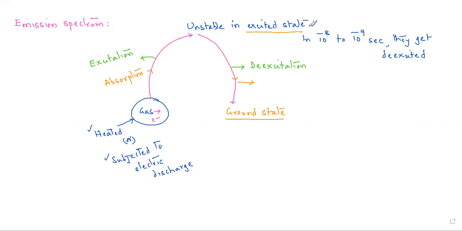And when they return to the ground state, obviously they have to emit energy in order to cope up with the energy of the ground state. So during excitation, energy is absorbed in the form of photon. During de-excitation, energy is emitted in the form of photon. Everything happens in the form of photon. Right? Now, see this emitted radiation.